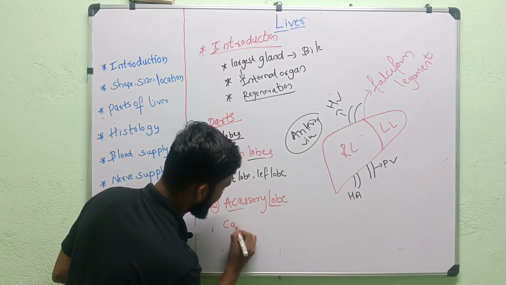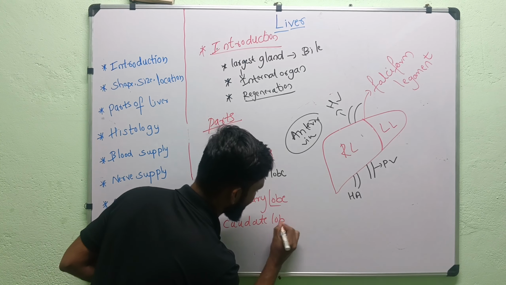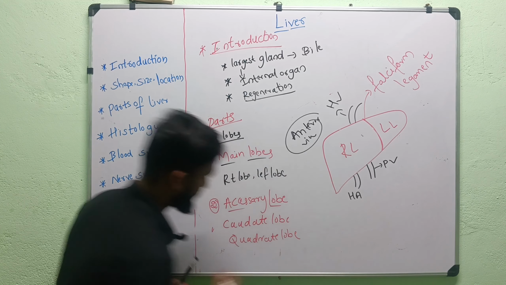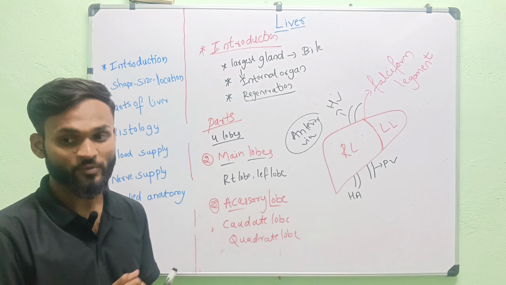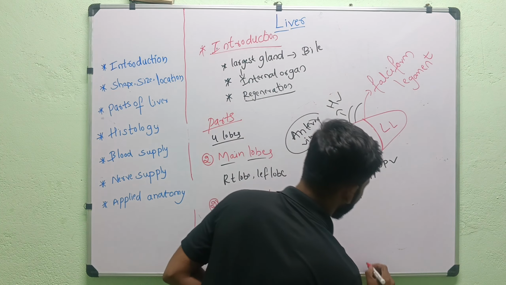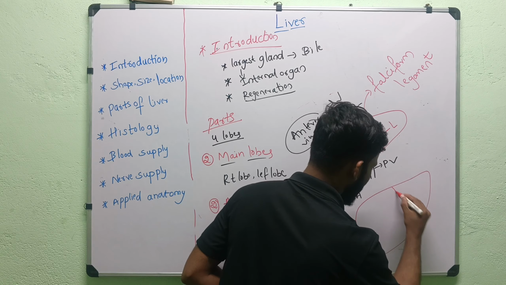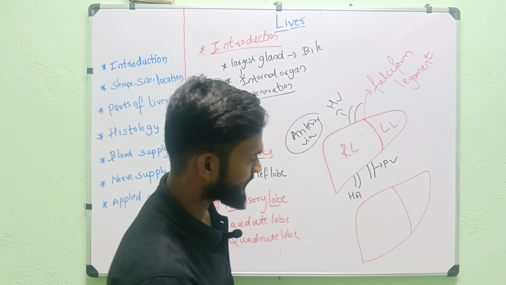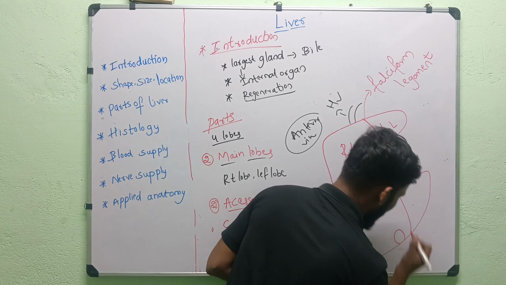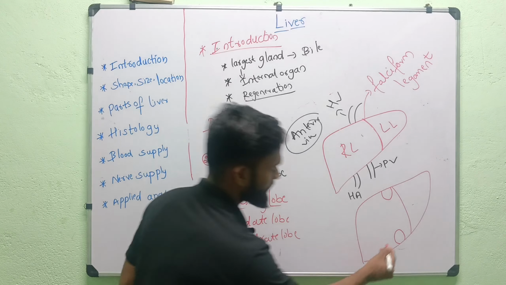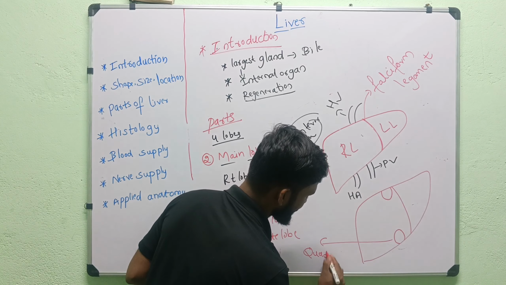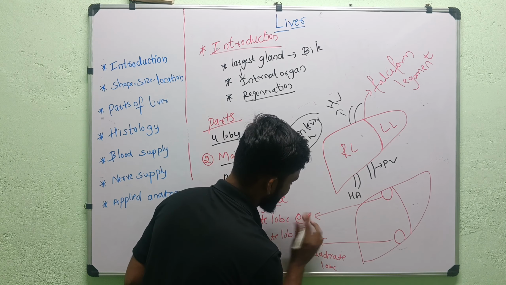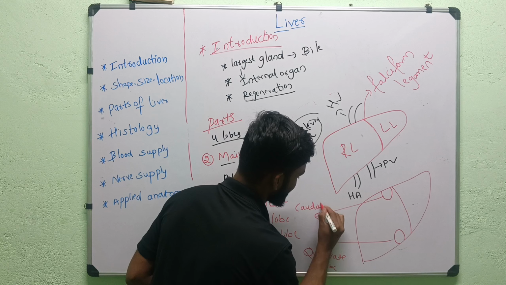Their names are the caudate lobe and the quadrate lobe.